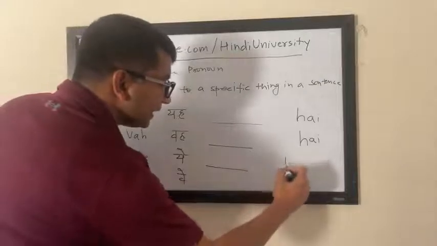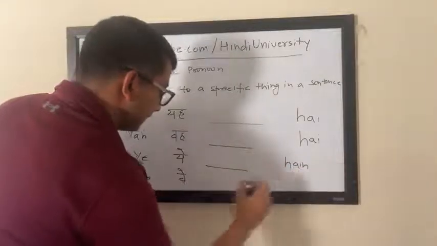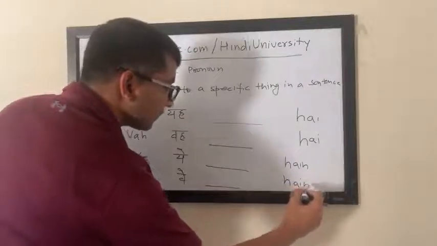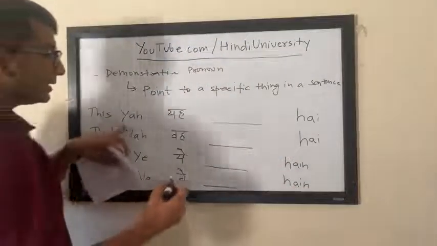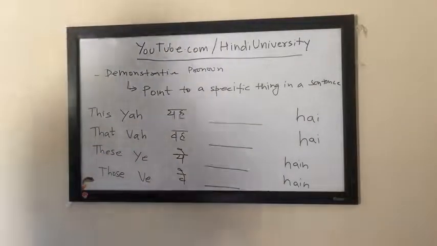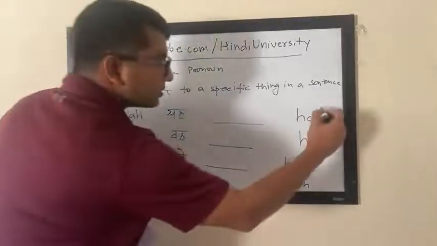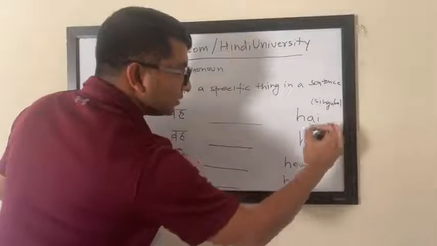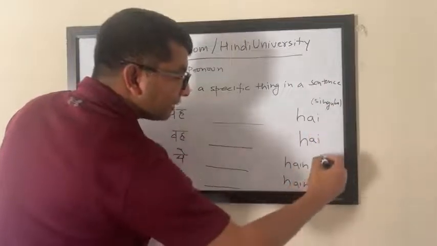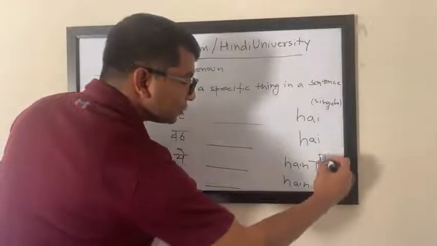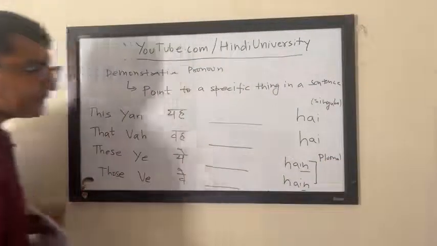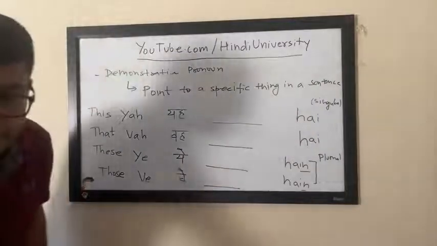And then you have ye, hain, and then you have ve, hain. Because yah and vah are used for singular nouns, you are ending it with hai, and because ye and ve are used with plural nouns, they are ending with hain. So this is the nasalized sound that we have at the end.